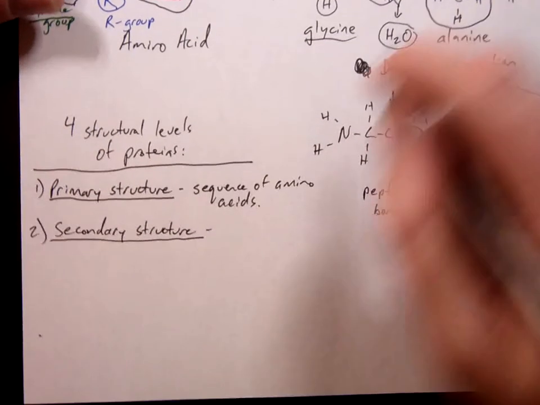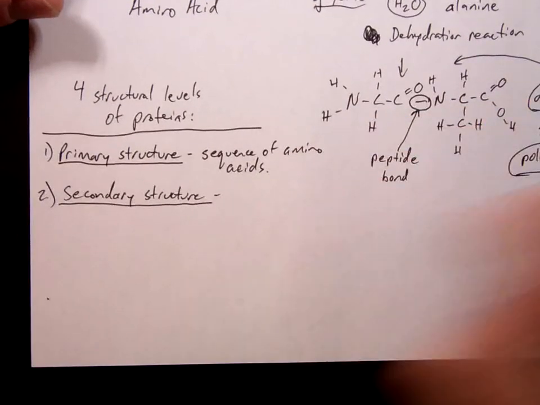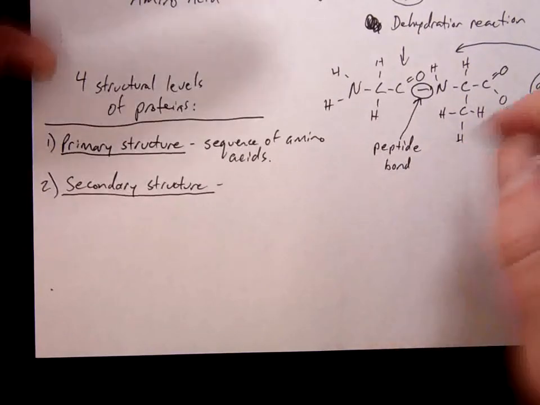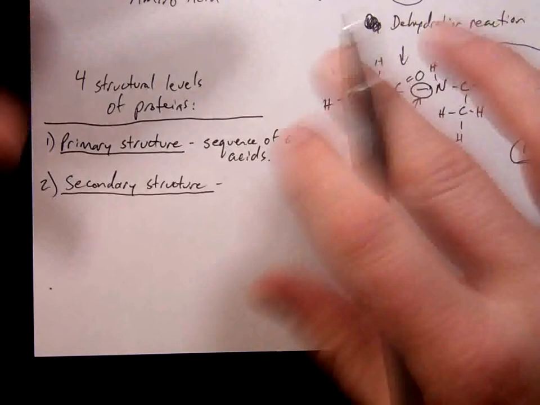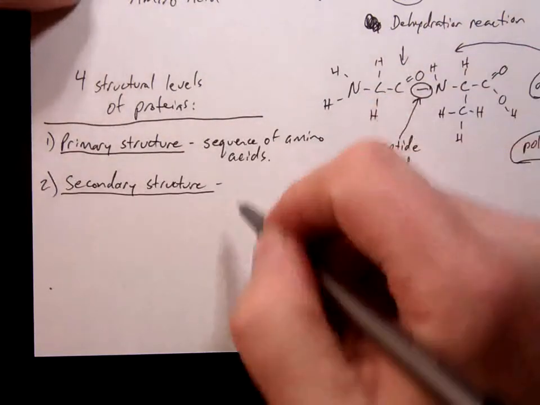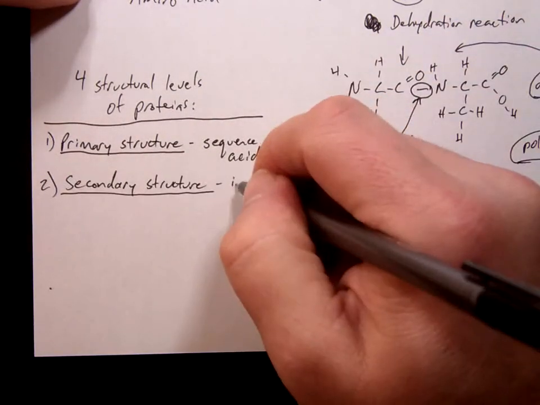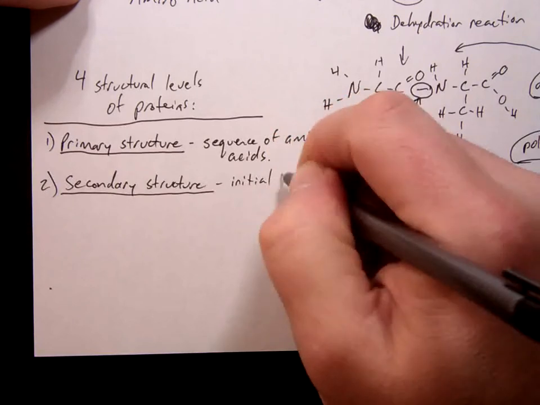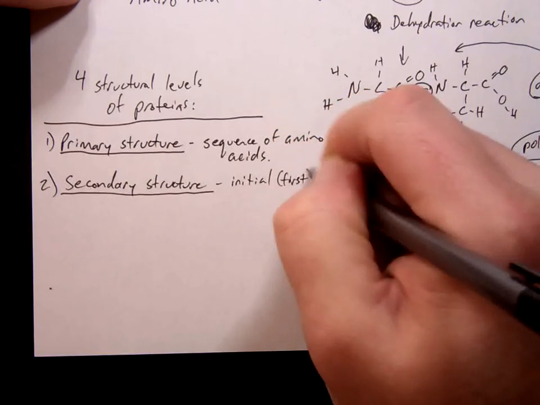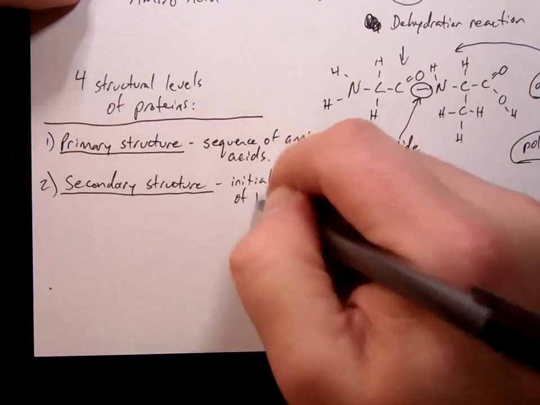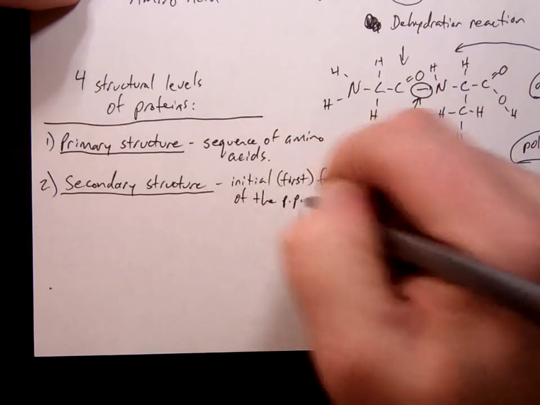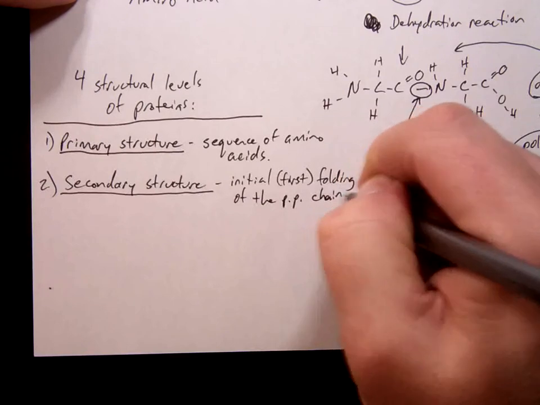What happens when you get these big chains together is they start folding up, because these R groups start reacting with one another and they start folding. That initial folding, initial in this case just means first folding of the polypeptide chain, which I'll abbreviate as PP chain.